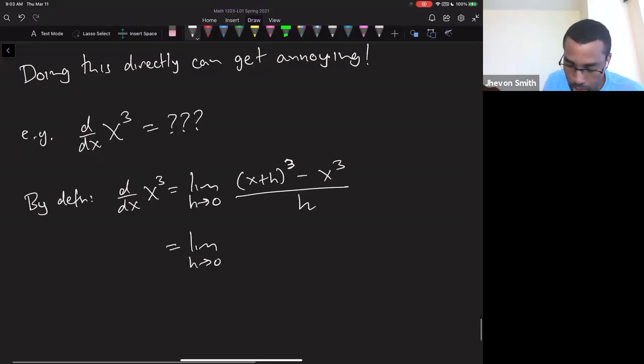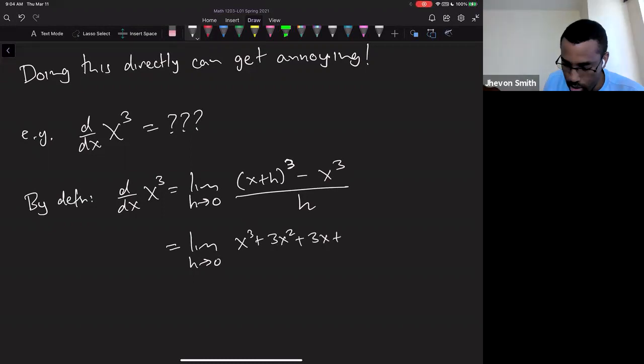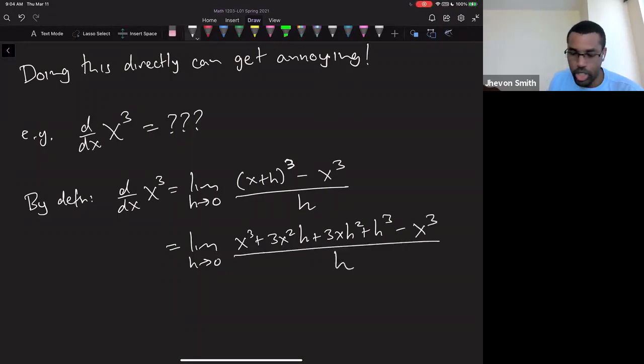So that's going to be x cubed plus 3x squared h plus 3xh squared plus h cubed, because remember our Pascal's triangle, over h.